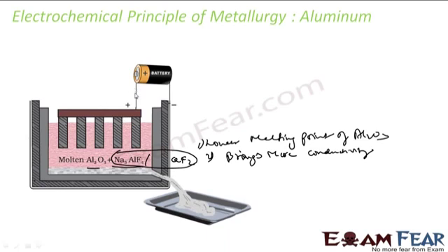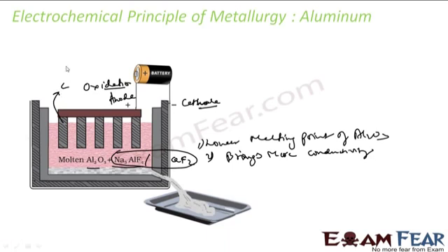This is my anode, and this is my cathode. The anode is the place where oxidation takes place, and this is my carbon, graphite.